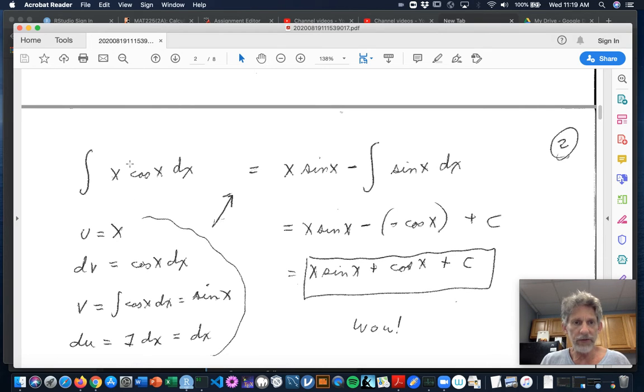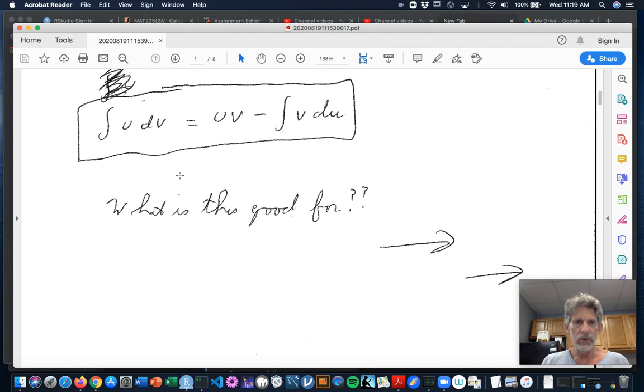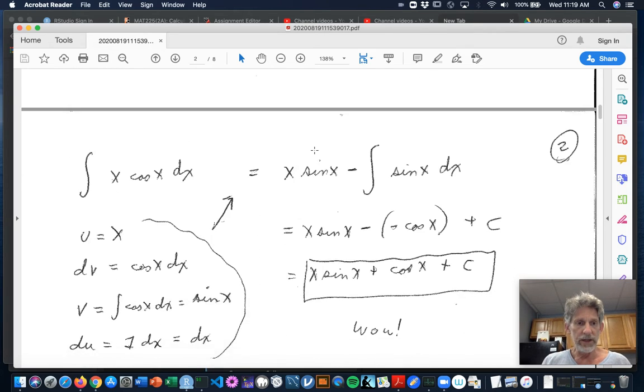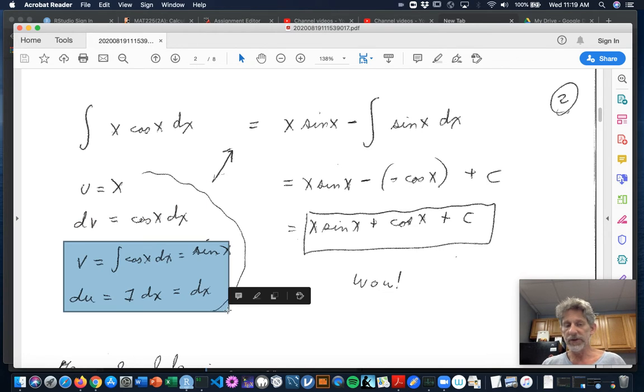And so then I'll have to let the dv be the rest of it, cosine of x dx. Okay? So I've made these choices here. Now, in order to recognize it as this other side, I'm going to have to find the v, and I'm going to have to find the du. So let me head down here, and after I've made my choice, let me find my v and find my du.